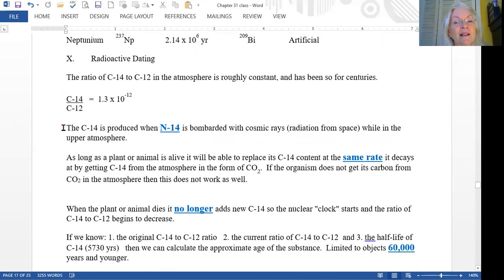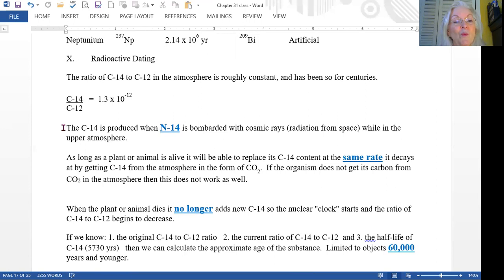And the reason is that the carbon-14 is produced when nitrogen-14 is bombarded with cosmic rays. Well, cosmic rays are radiation from deep space. They enter the Earth through the polar regions where there's a magnetic window, an opening, and they come in and bombard the upper atmosphere.